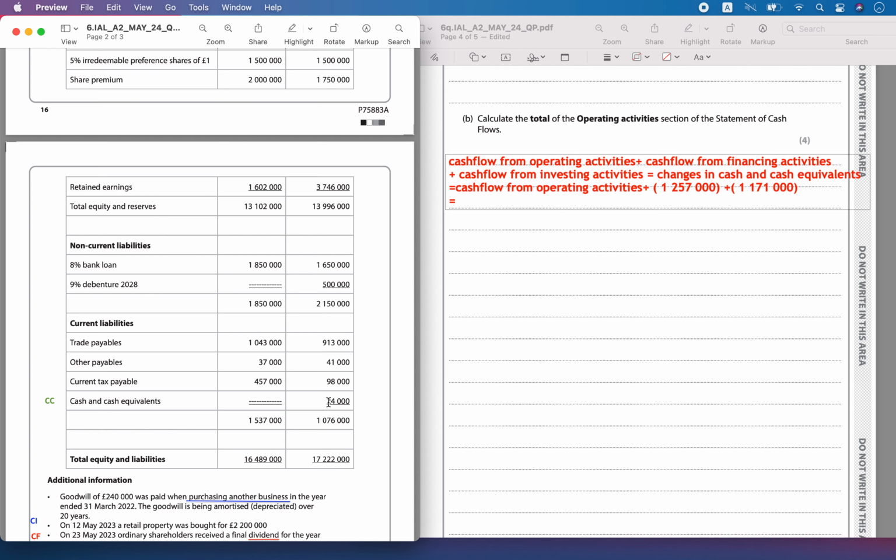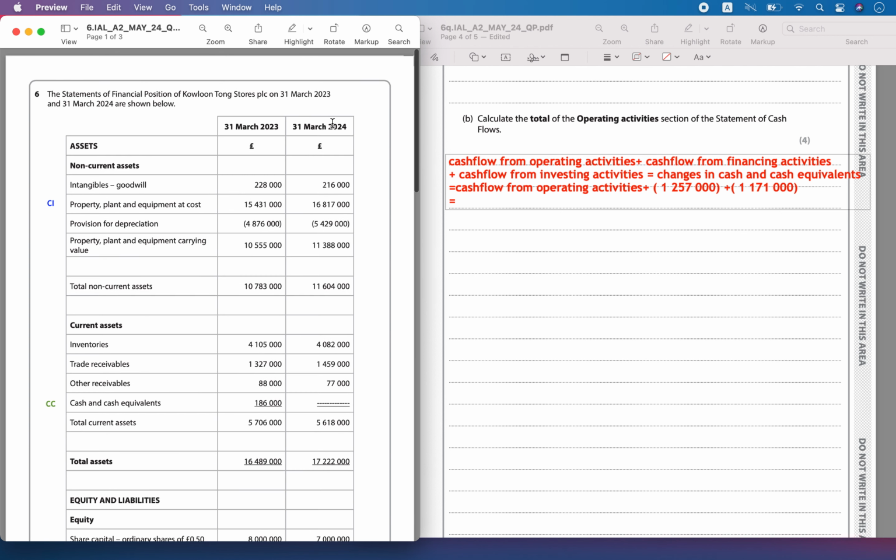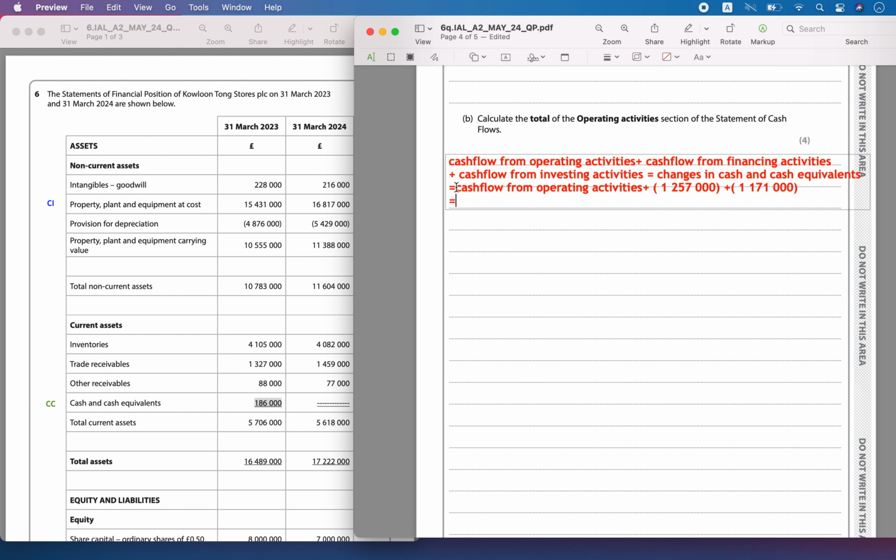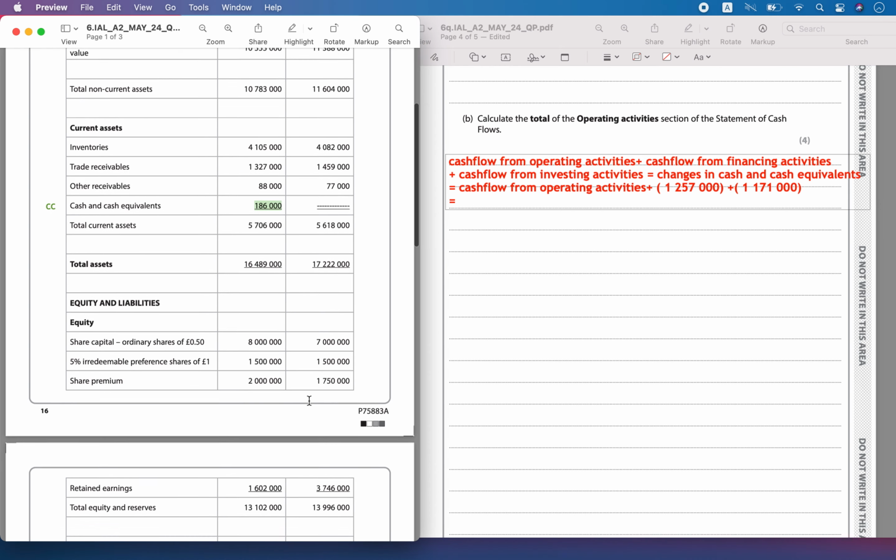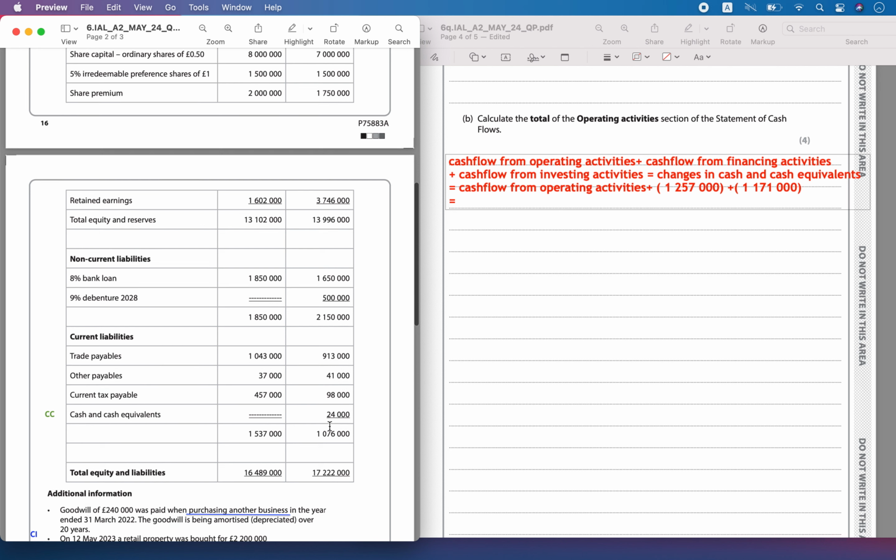the year. So at the end of the year we can see it has become 24,000. At the beginning it was 186,000. So the changes in the cash and the cash equivalents will be from 186,000, it has got reduced to 24,000.